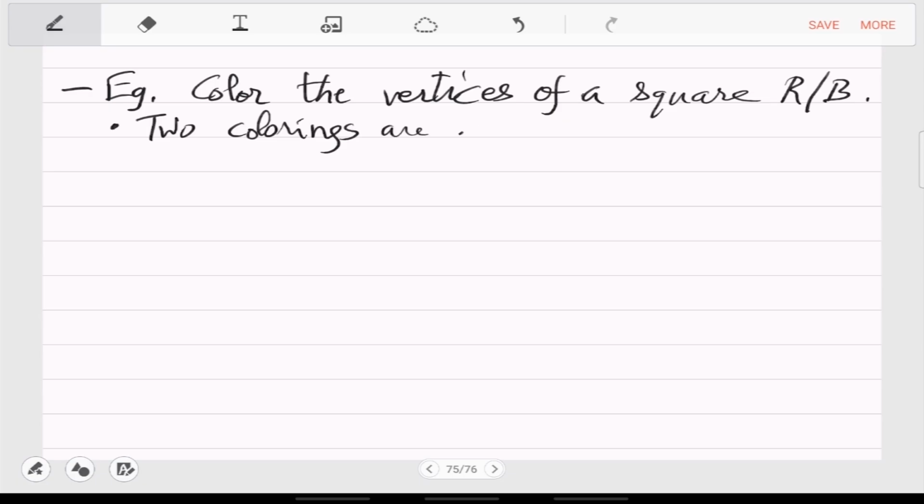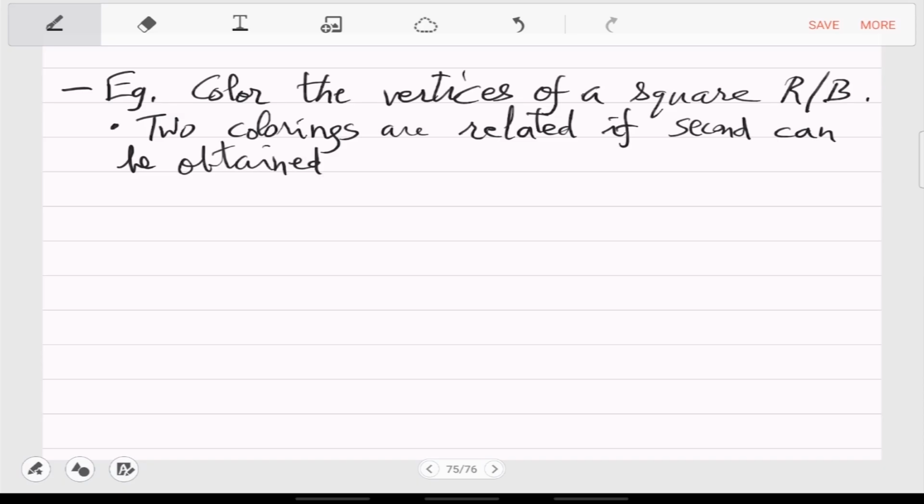Two colorings are related if the second can be obtained from the first by natural operations, which means rotation, reflection, or a combination of that, rotation then reflection.